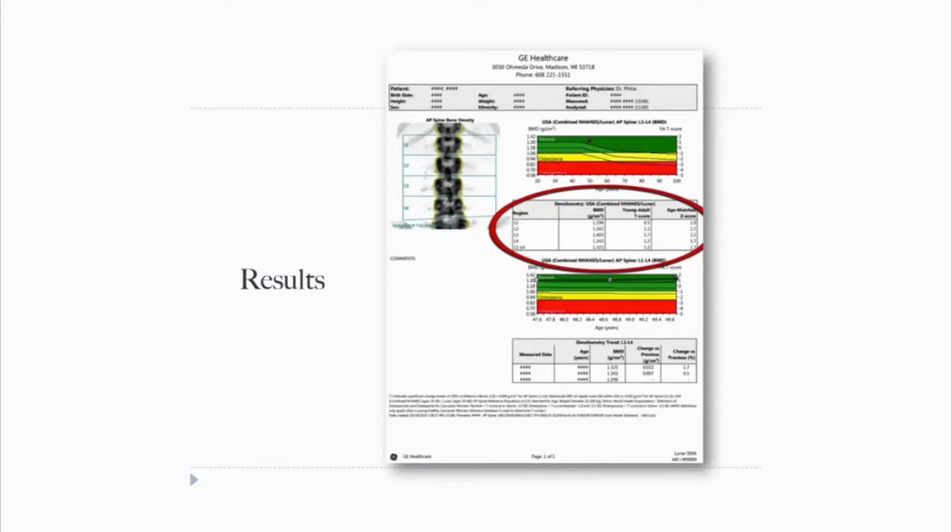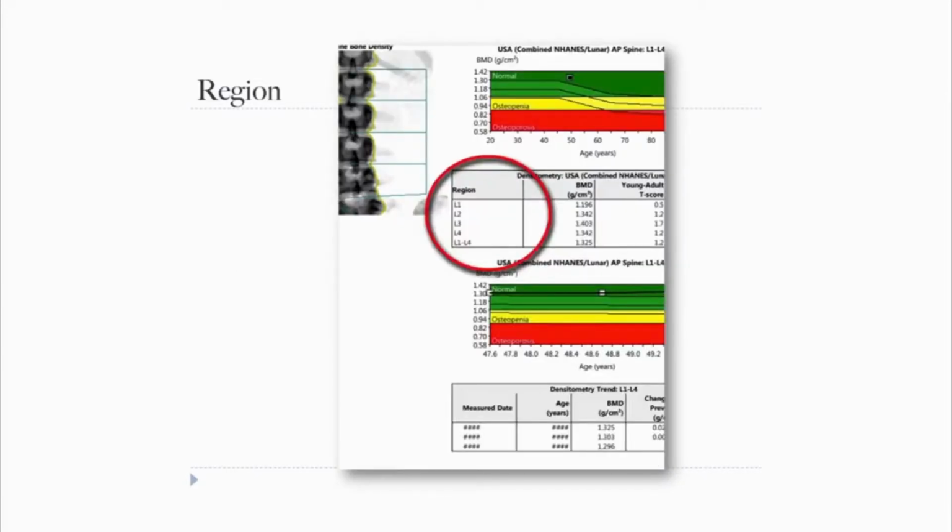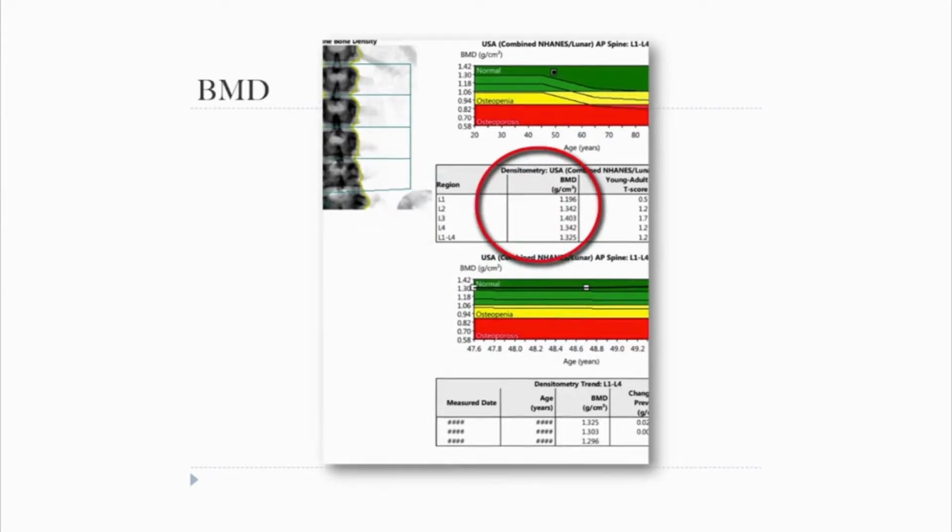So you will find every test reports these vertebral bodies individually and as a total of 1 through 4. And it's really the 1 through 4 we look at, not the individual bodies. You'll also notice that if you enlarge it again, like I say, there's L1 through 4. We want to focus on the total, not so much the individual bodies. In fact, Susan Ott says you should look at the total, not the individuals.